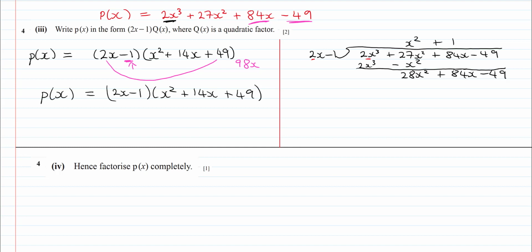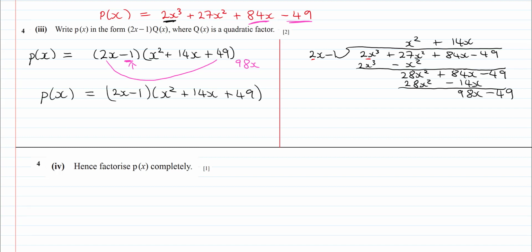Well, it'll go in 14x times, and then 14x times 2x is 28x squared, and then 14x times negative 1 is negative 14x, and just subtracting again, so 28x squared minus 28x squared is just 0, 84x minus 14x is 98x, and then just bringing that minus 49 down.